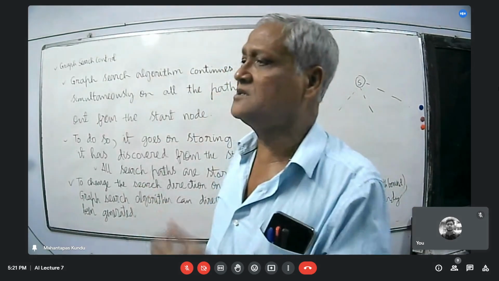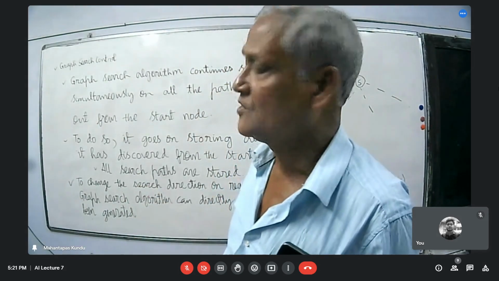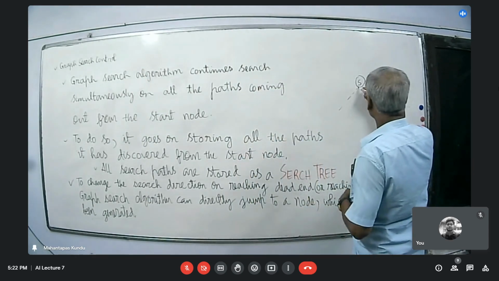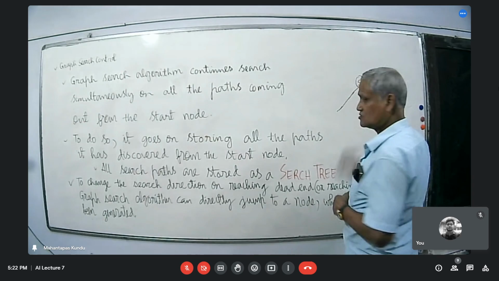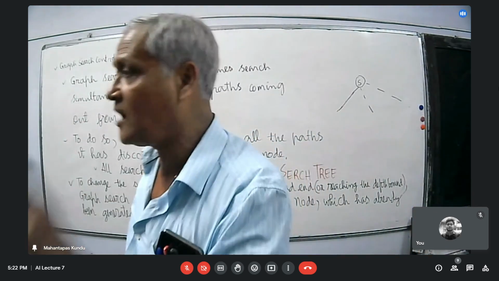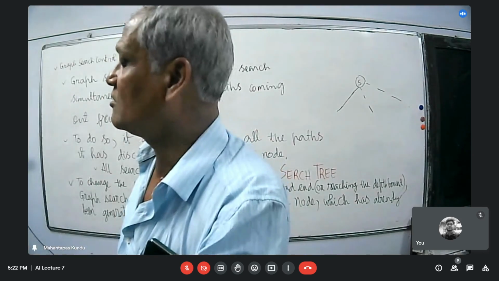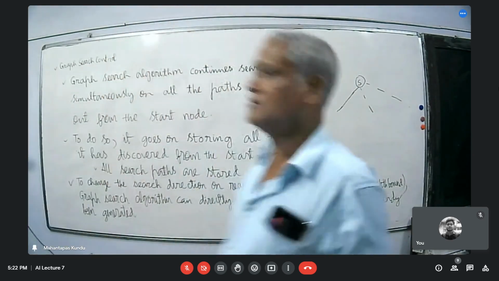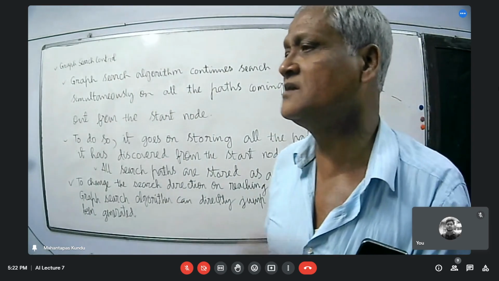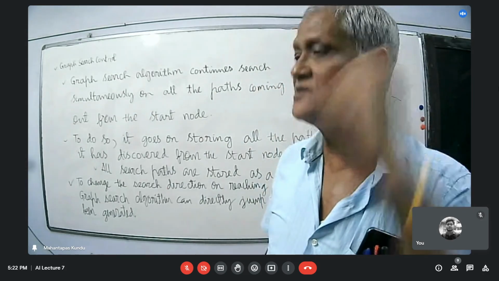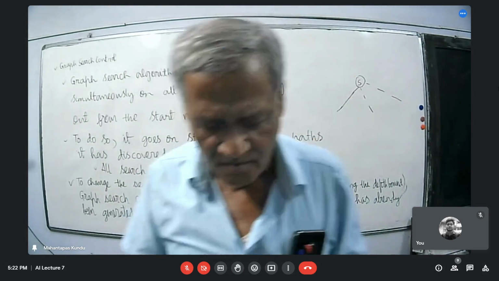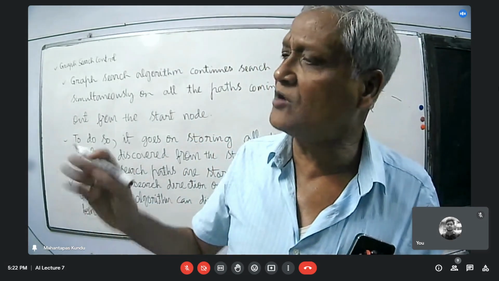When we discussed irrevocable control regime or tentative control regime, at a time only one path was explored. How long? Until a goal node is reached or a dead end or the depth bound of a node is reached. Under that situation, irrevocable control algorithm does nothing.